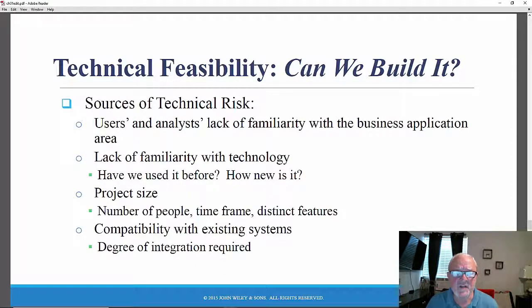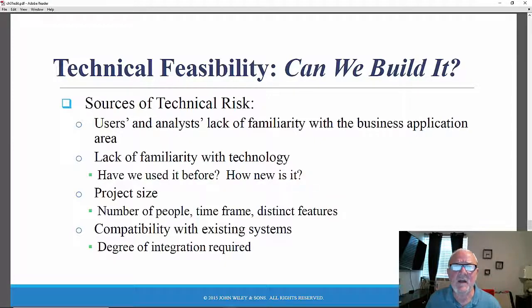Now, I don't mean to suggest that there should be no consideration to whether we have the technical wherewithal to actually build it. If we don't have the in-house talent, technical talent, to build the system, perhaps we can outsource it. But some questions have to be asked, but perhaps not in a formal document.